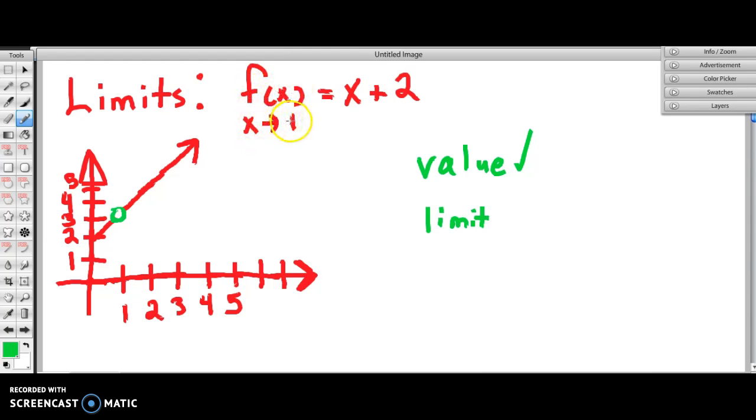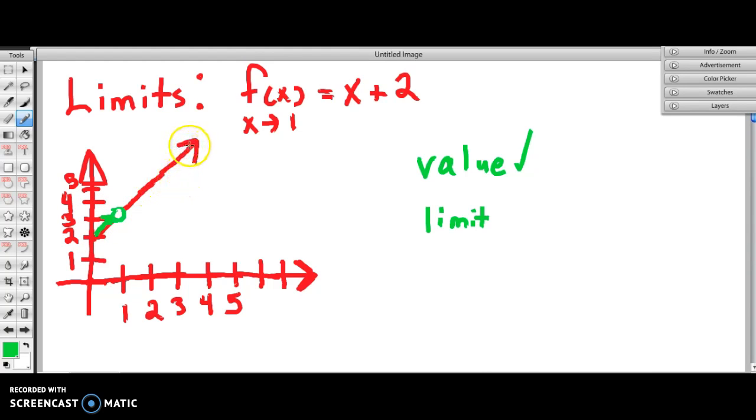Okay, so in calculus, when we're talking about limits, we write the notation of the function as x approaches 1. What is the function of x plus 2? So how is this function behaving when x approaches 1? Now, we also have to consider a two-sided limit and a one-sided limit, or just a limit that has one side. If I approach 1 on the left side of the function, I get really, really close to 3.